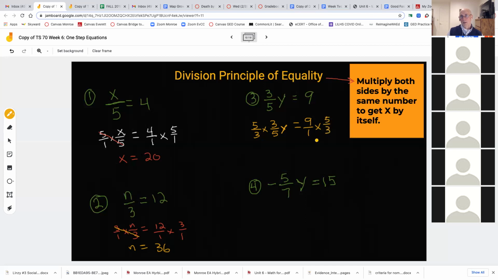That's why we're multiplying both sides by the same fraction, to get rid of the fraction. So now the 5s cancel out. This becomes y equals 45 over 3, since 9 times 5 is 45. 3 goes into 45 15 times, right? Yep. So y equals 15.